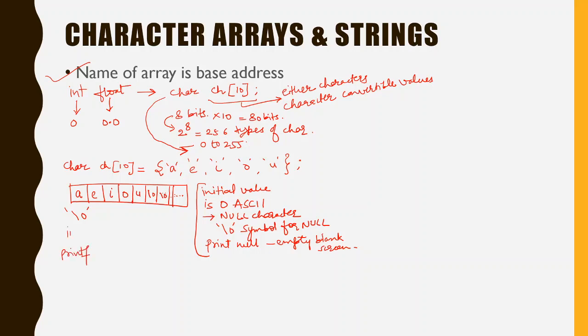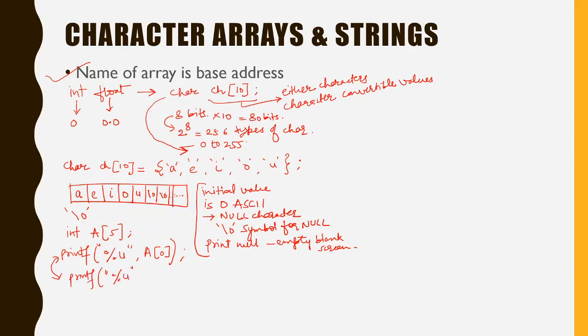Suppose you have an integer array a of 5 elements and you want to print the base address of the array. You can write printf with the address of the first element, which would be the base address. Alternatively, you can write it the other way also.